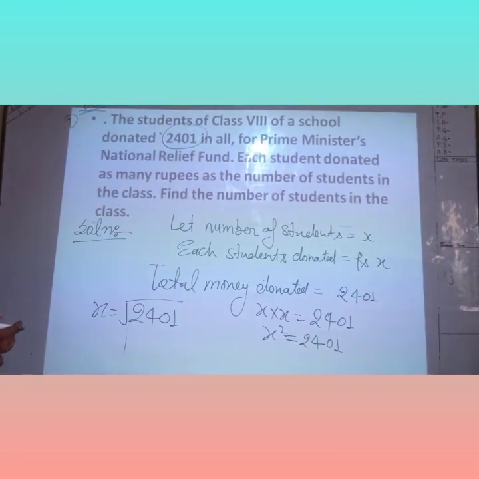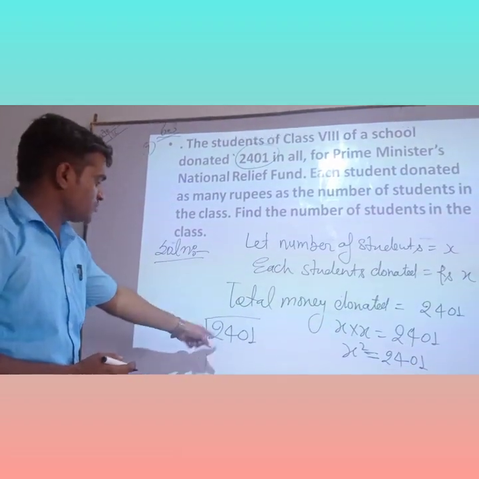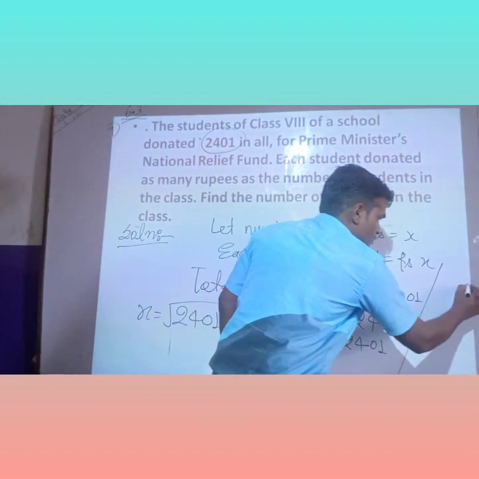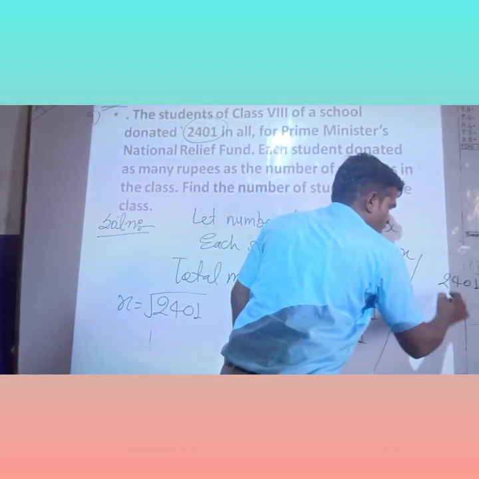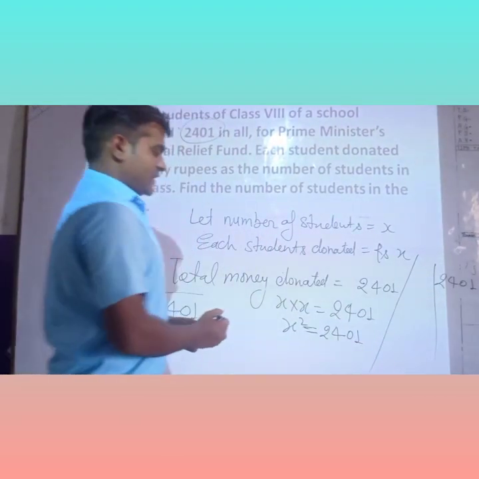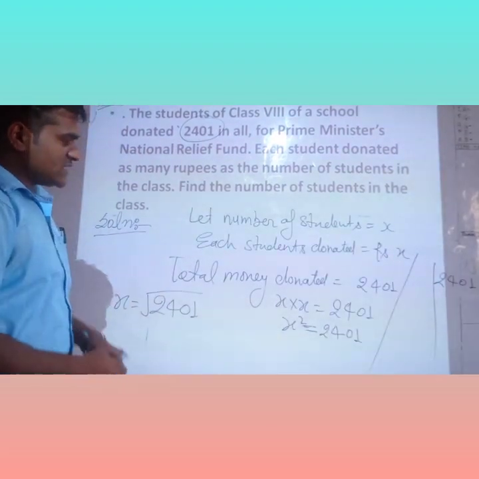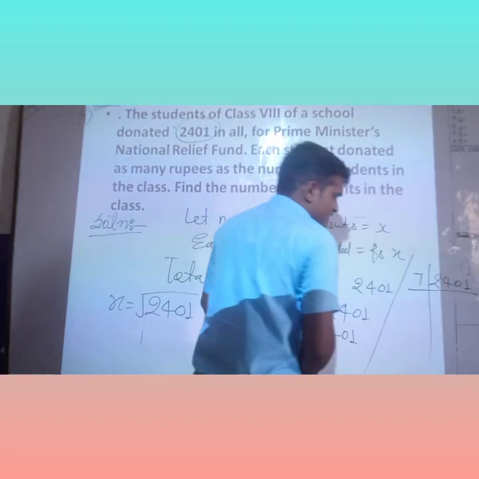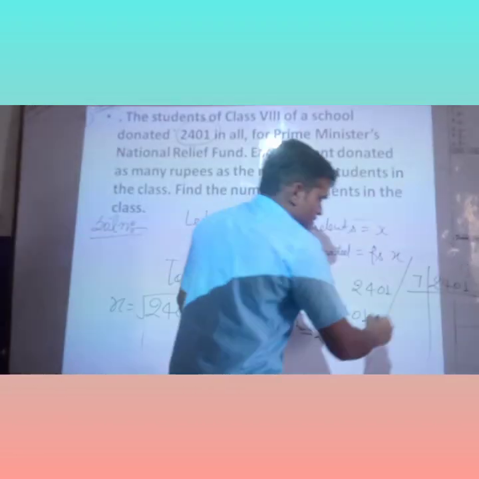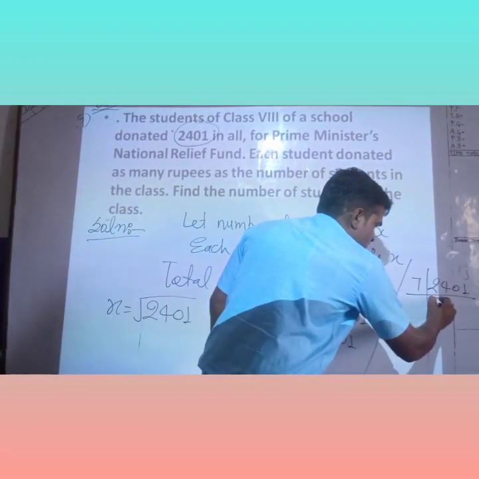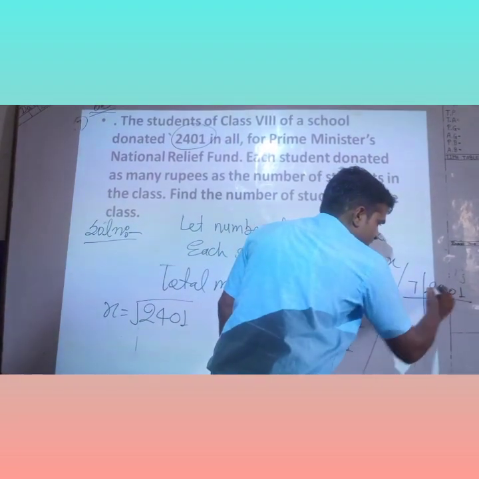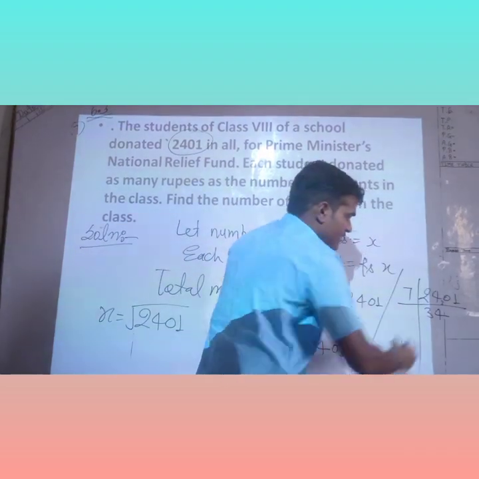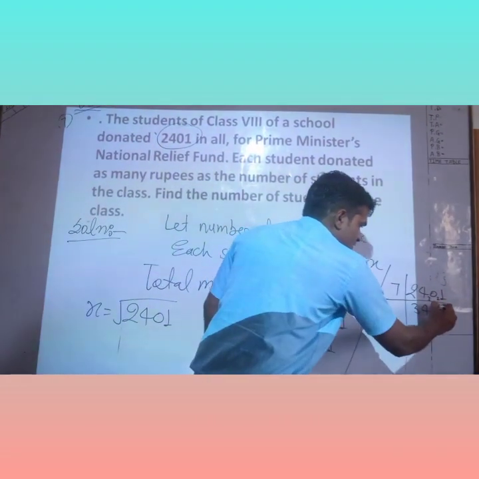So first we have to find the prime factors of 2401. It is divisible by 7. 7 threes are 21, there is 3. 7 fours are 28, there is 2. 7 threes are 21.